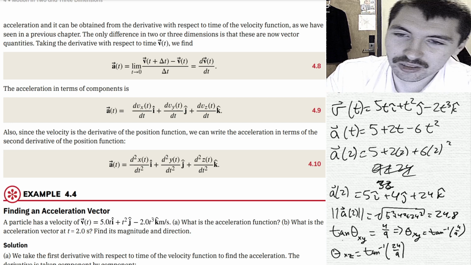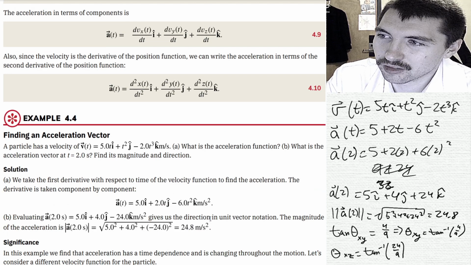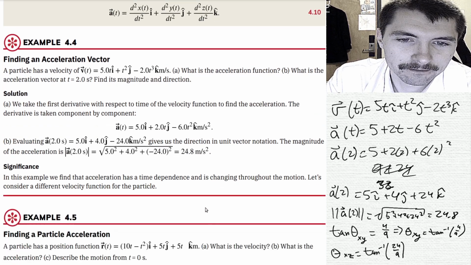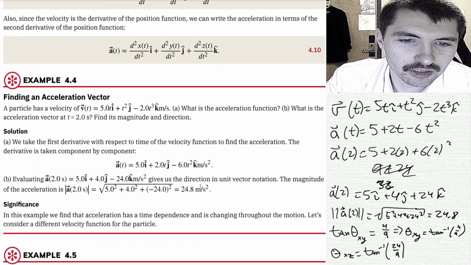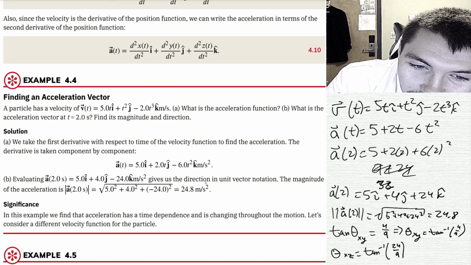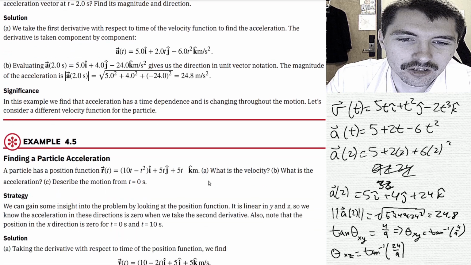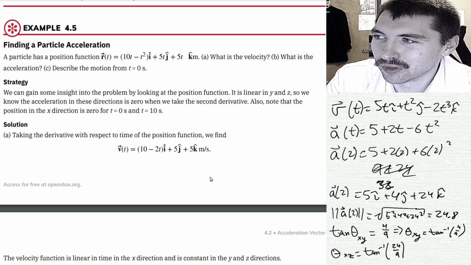So let's see if the book got that. 24.8, we got that correct. Direction. Okay, so they kind of just skipped the direction. But whatever, we'll move on. No problem.